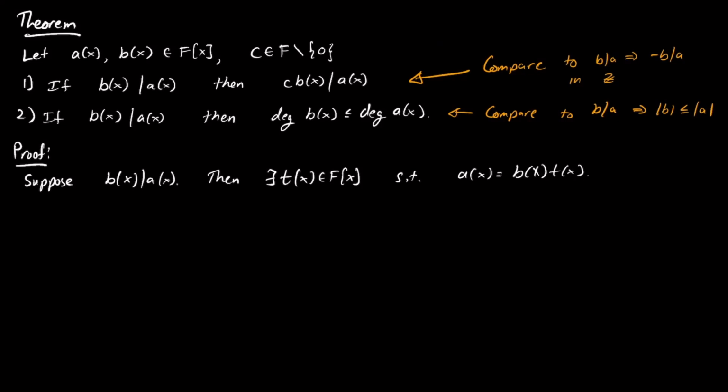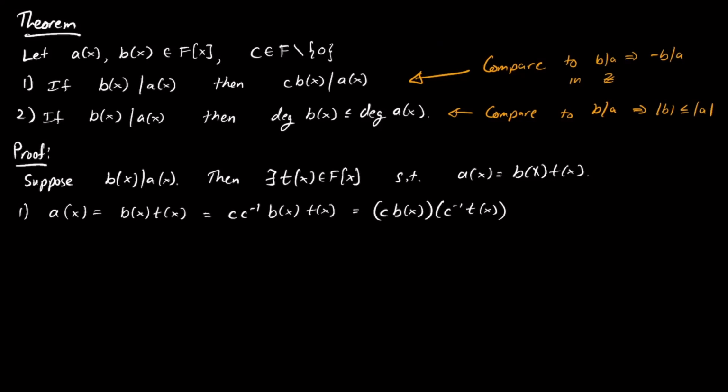Okay, so what can we do with this? Let's prove one. Well, I know that a(x) can be written as b(x) times t(x). And I'm going to use the common trick that's used in a lot of proofs. I'm going to multiply by 1. So I'm going to multiply by c times c inverse times b(x) times t(x). Then I take the c and leave it with the b, so I have c times b(x), and take the c inverse and attach it to the t.